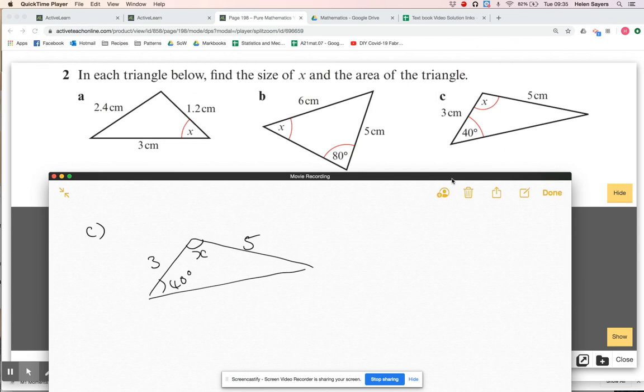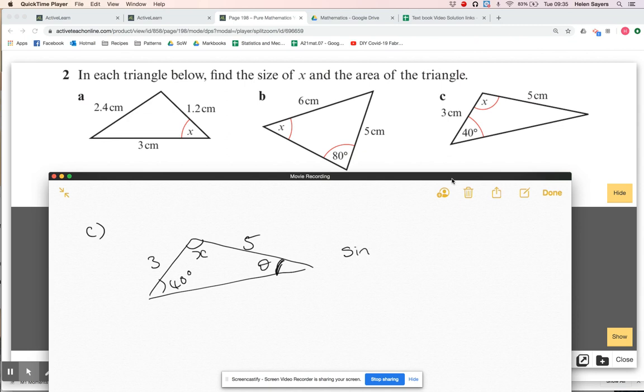Okay, so I think I can use sine rule again. But when I use sine rule, I'm actually going to find that angle first. But then obviously if I've got that angle, I can just subtract from 180 to find x. So I'm going to call this one theta.